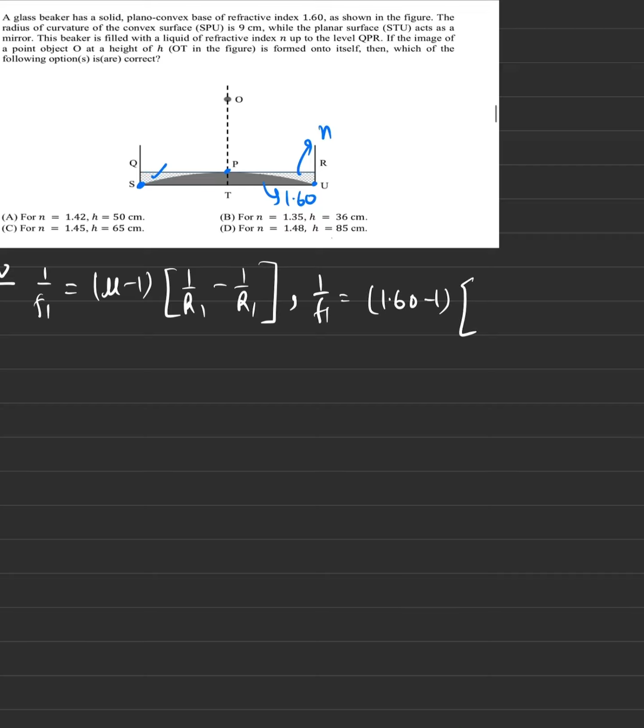If the object is here and the ray is coming like this, here is positive and here is negative, and this height is given as h.